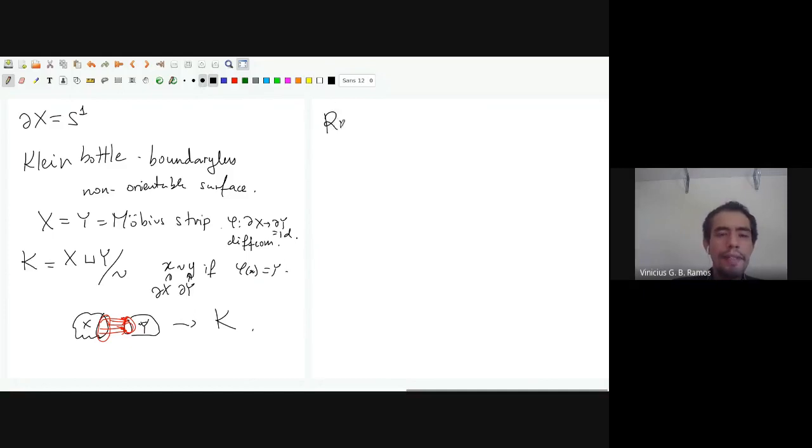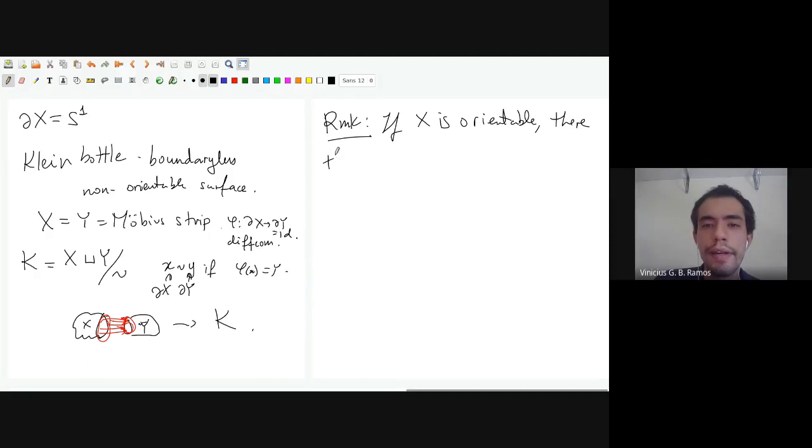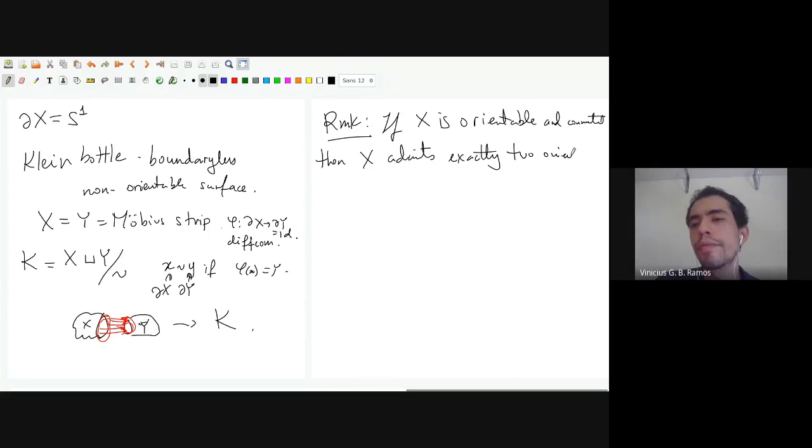All right, so let me just make a remark, still talking about oriented manifolds: if X is orientable, which means it admits an orientation, and connected, then it admits exactly two orientations.